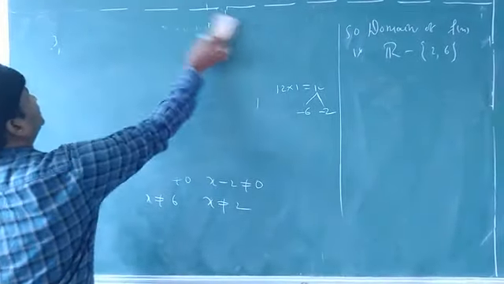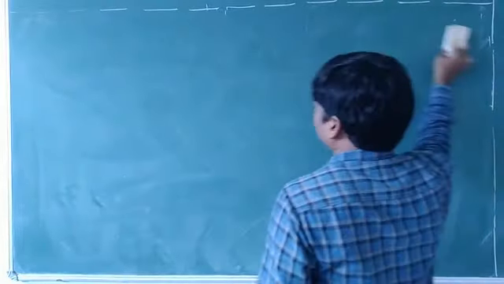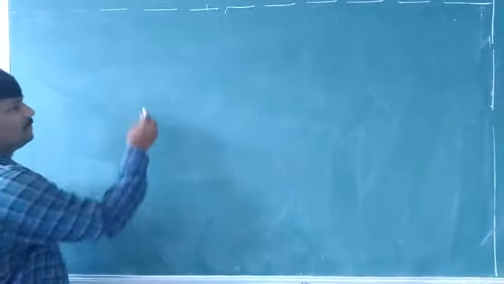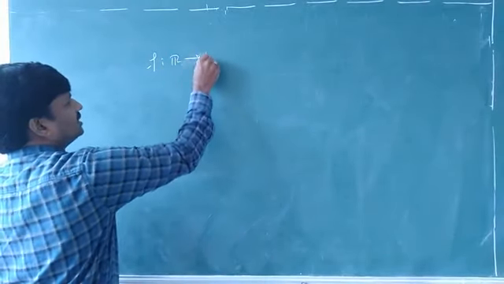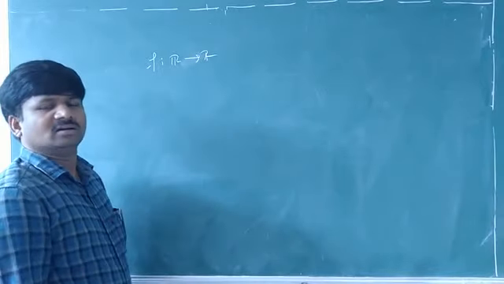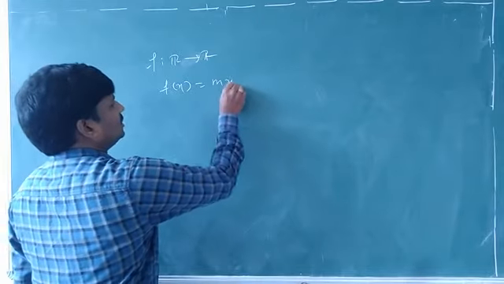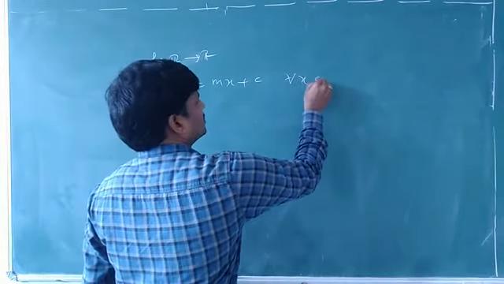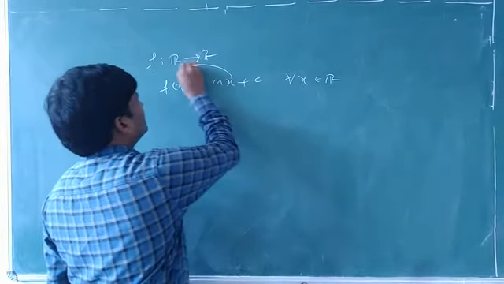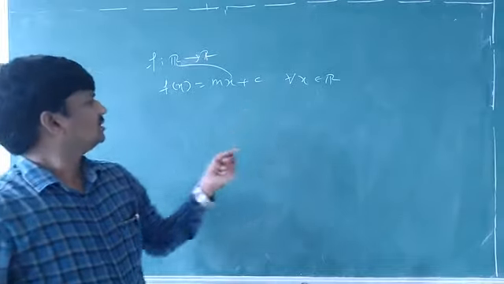About linear function. Here two questions are given about linear function. I already explained what a linear function is. I have given the definition. What is a linear function? A function f from R to R defined by f of x is equal to mx plus c for all x belongs to R. x means x comes from the domain.